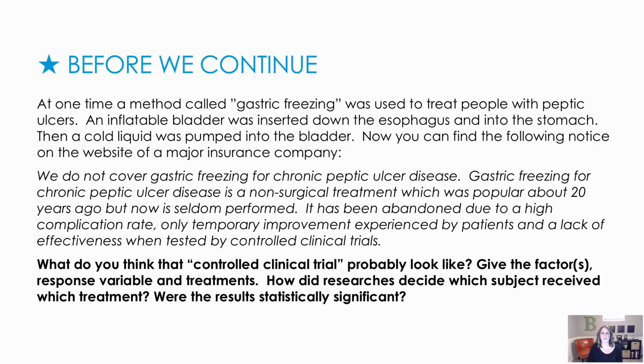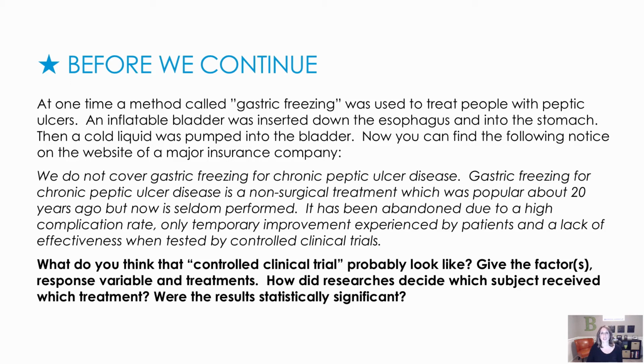Before we continue, I want to see if you can answer the following questions about this experiment. So at one time, a method called gastric freezing was used to treat people with peptic ulcers. An inflatable bladder was inserted down the esophagus and into the stomach, and a cold liquid was pumped into the bladder. And that just sounds horrible and excruciating.